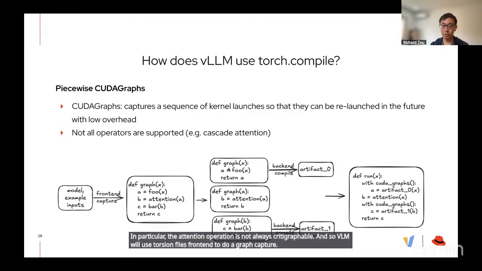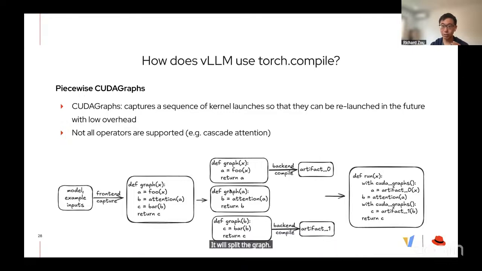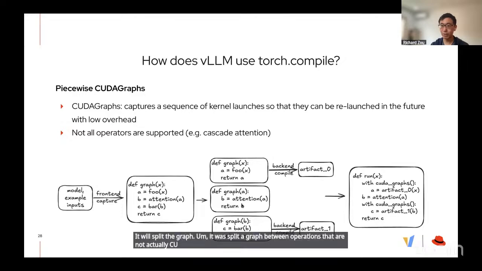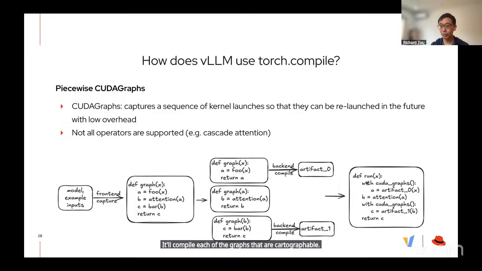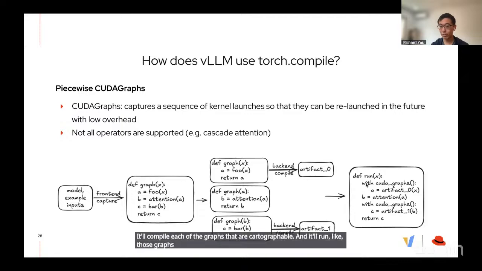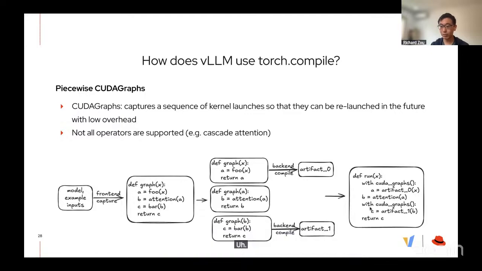It will split the graph between operations that are not actually CUDA-graphable, in this case on this slide, the attention operation. It'll compile each of the graphs that are CUDA-graphable, and run those compiled artifacts under CUDA graphs, and then it'll run the attention op, and then it'll run the next graph that is CUDA-graphable under CUDA graphs.